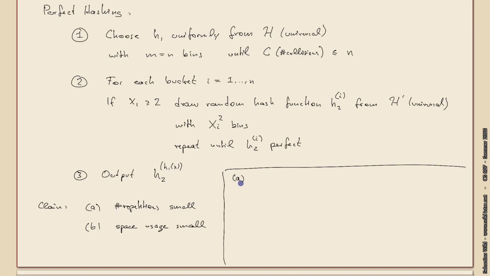For part A, we just use that the expected number of collisions we get by the same argument as before, because it's a pairwise independent function. Each of the pairs has probability 1 over n to collide, and so the expected number of collisions is just n minus 1 over 2, which means the probability that we get less than n collisions is going to be at least 1/2 by Markov.